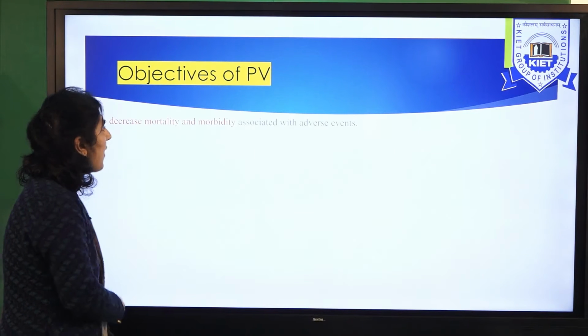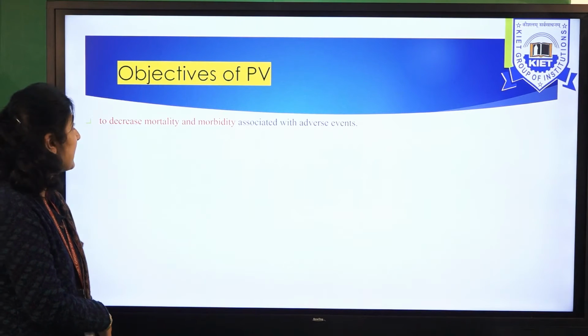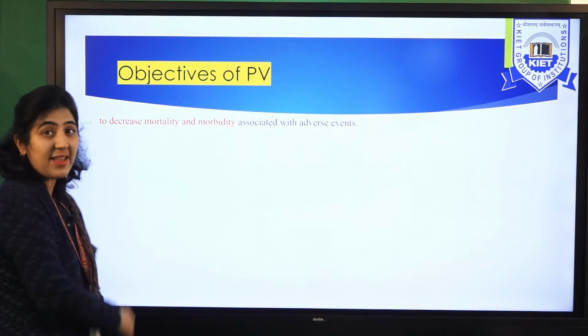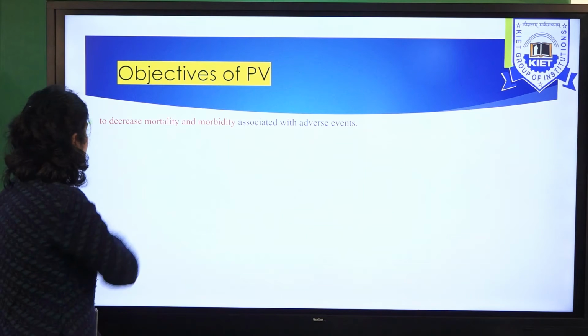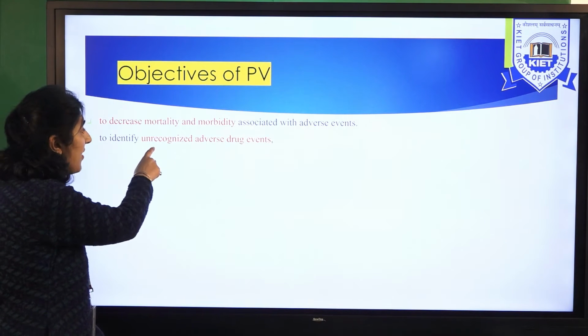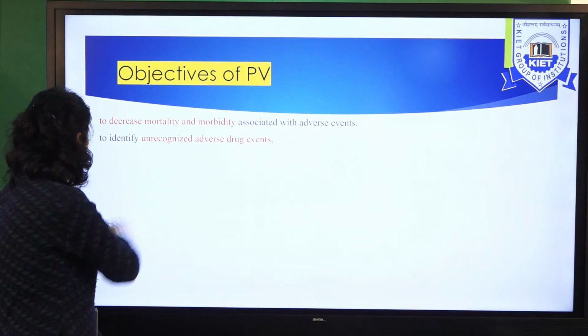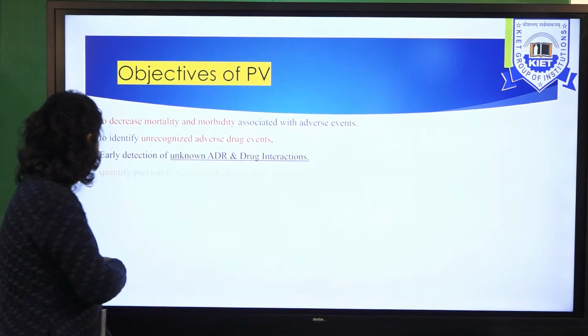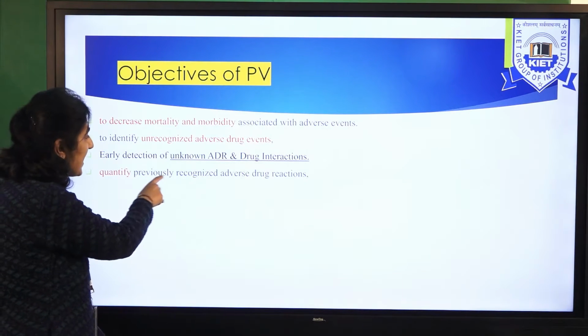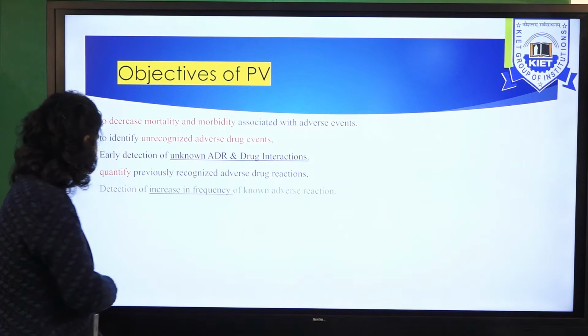Now, what are the objectives of pharmacovigilance? Basically, it is helping to decrease mortality, that is death rate, as well as to decrease morbidity associated with adverse events. To identify unrecognized adverse drug events. Early detection of unknown ADRs and drug interactions. Quantify previously recognized adverse drug reactions.